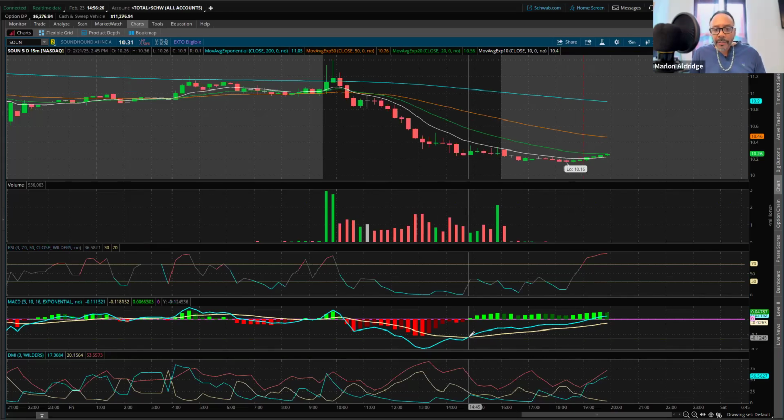If I go back up to my chart, I can see that the price at that period was somewhere in between $10.26 and $10.36. So that would be possibly a good point to put in a buy order, with the anticipation that the price is going to go up.